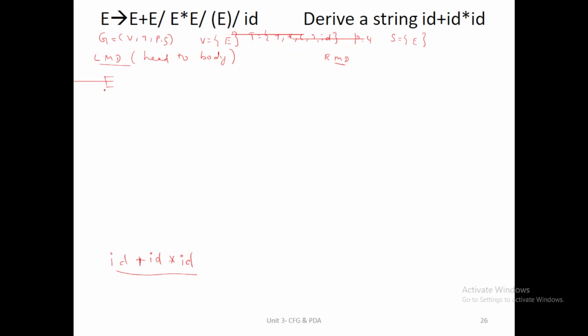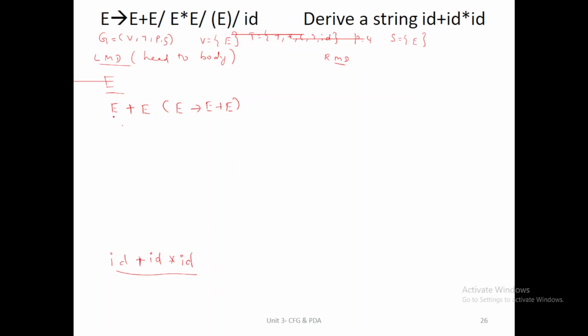How is it possible? I am taking E. This will be replaced as E plus E. So I write the production which you want to use: E will be derived as E plus E. In this string, there are two non-terminals available.